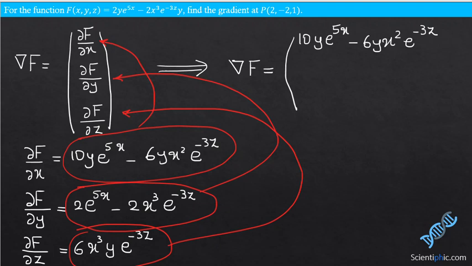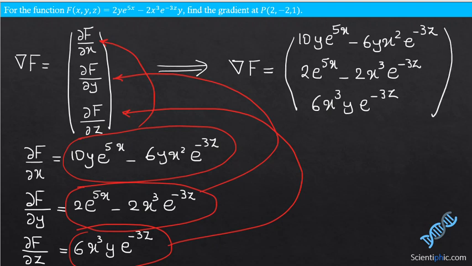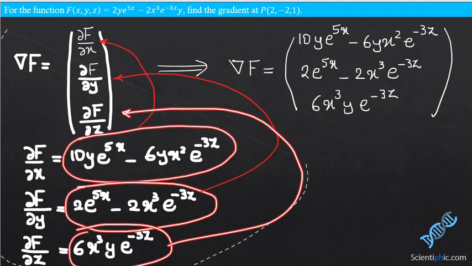The second component is going to be 2 e to the power of 5x minus 2x cubed e to the power of minus 3z. And finally 6x cubed y e to the power of minus 3z. So this is going to be the final answer to this question.